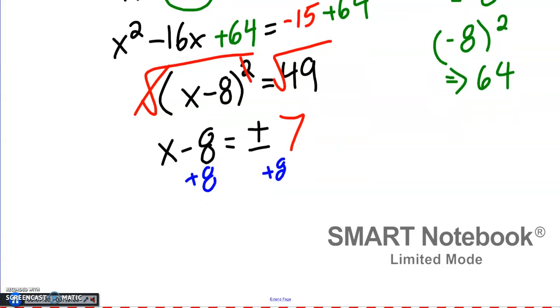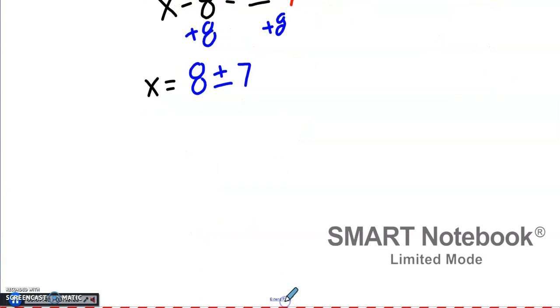So we're going to have two instances here. We're going to have that x is equal to 8 plus or minus 7. Since we can simplify this, we're going to have our two answers: x is equal to 8 plus 7, which is 15, and x is equal to 8 minus 7, which is 1.